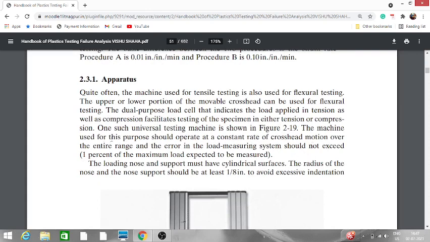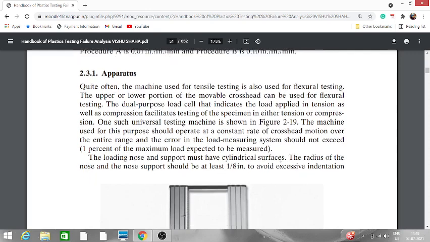The machine used for this purpose should operate at a constant rate of crosshead motion over the entire range, and the error in the loading measuring system should not exceed 1% of the maximum load expected. The loading nose and the support must have cylindrical surfaces.